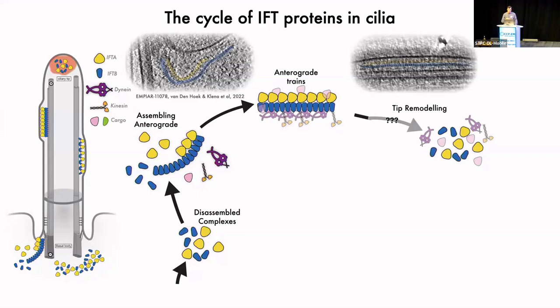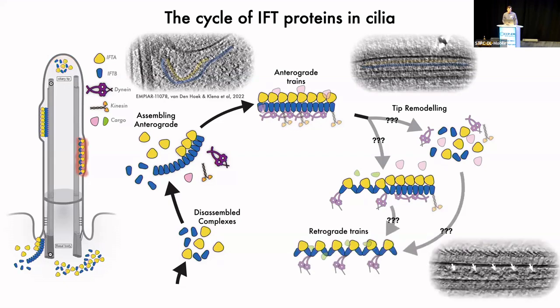The IFTA and the IFTB could completely disassemble from each other, or the anterograde train structure could undergo some form of internal remodeling. What we do know is that when we see the retrograde train, so these are the trains which go from the tip to the cytoplasm again, carrying a new selection of cargoes, which are either targeted for recycling or degradation in the cytoplasm, or for signaling roles in primary cilia, for example.